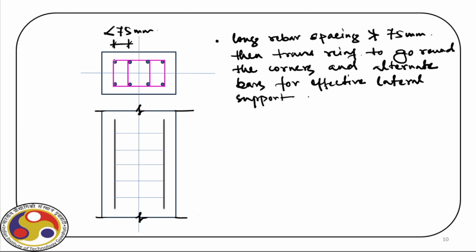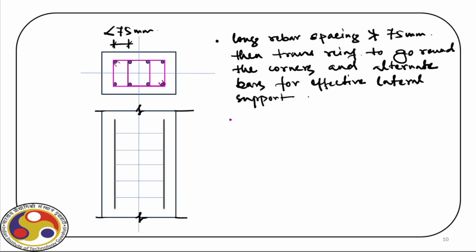We have one bar going all the way here and then taking the corner, coming here, then this bend here, and then they are anchored like this. Another bar will start from here, go all the way round this bar and to the extreme. So it will be like this, and at this corner it will be anchored, right? That is the arrangement if we have the longitudinal spacing of rebars not more than 75 millimeter.